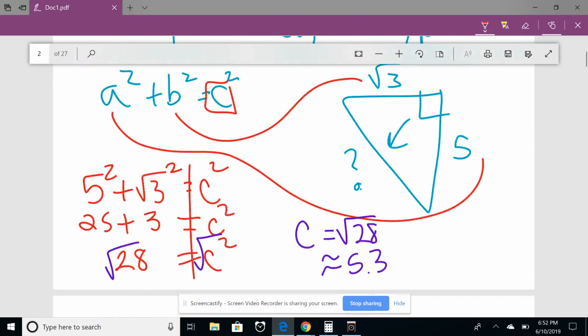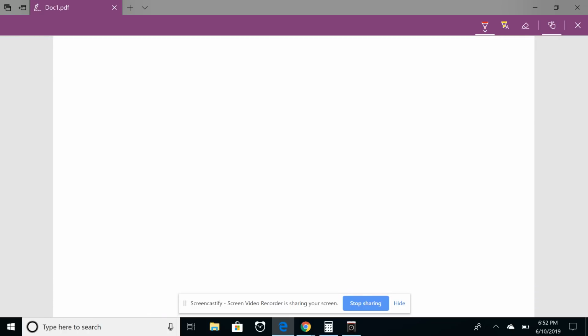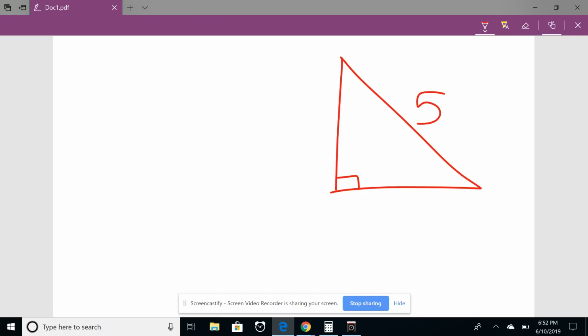Okay? Now, sometimes they might have you try to find the leg. Here's my right triangle. I'm going to label my hypotenuse 5. Leg, I don't know. And the other one, we're going to label it 2 radical 3. So again, my a squared plus b squared equals c squared.